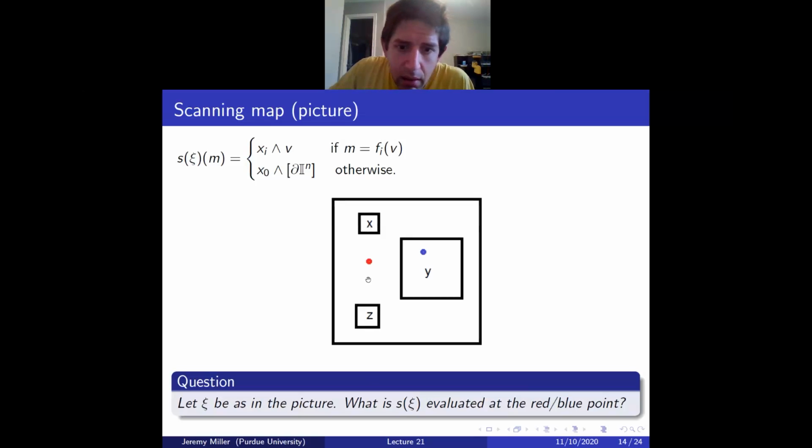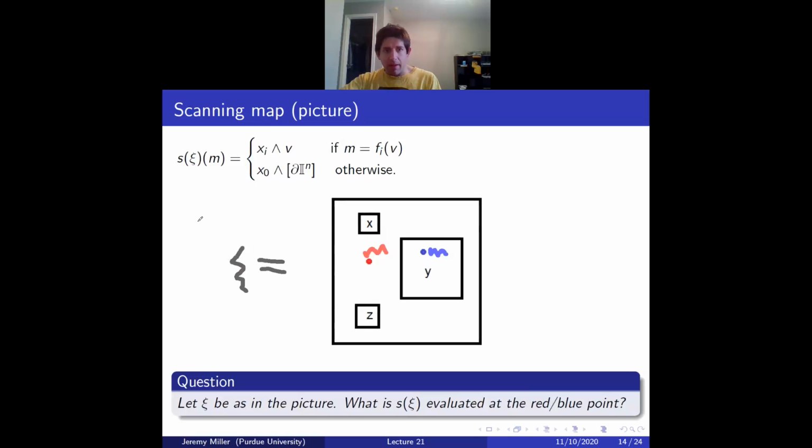Any takers for where we want to map, qualitatively, the red point and the blue point? So the blue and the red point are playing the role of the M's, and the Greek letter is this configuration of cubes.